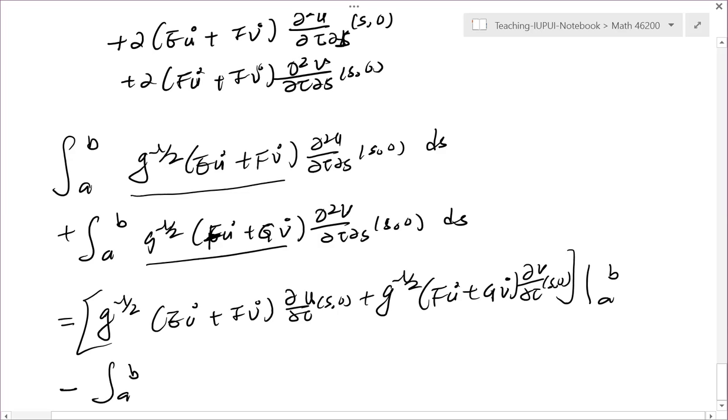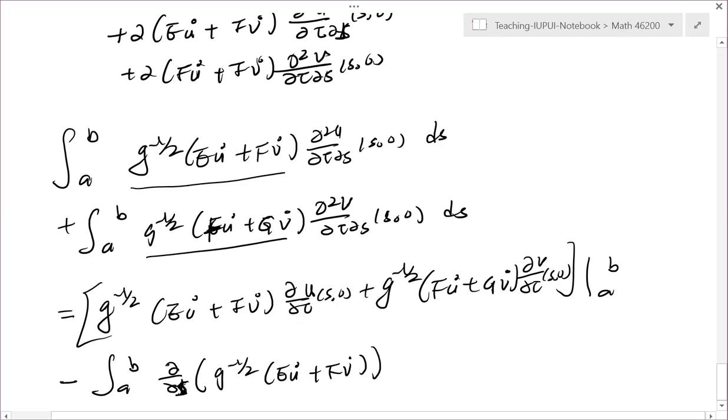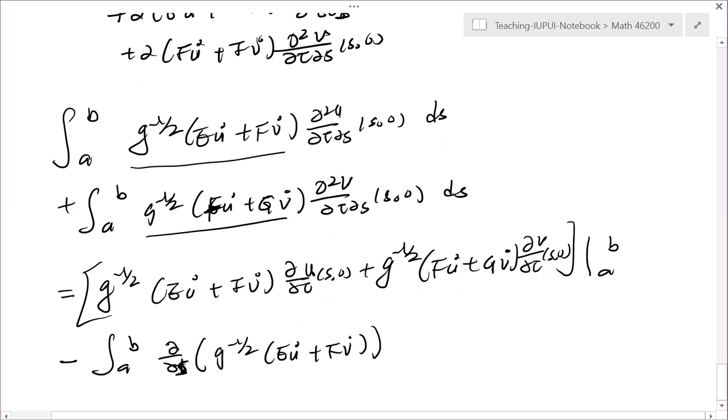And this is the integral, and that will be just the derivative of S, in the partial.